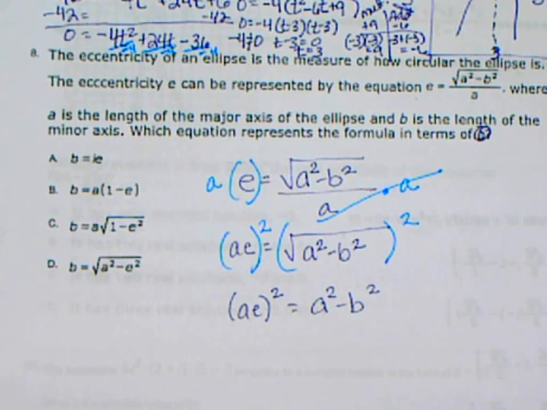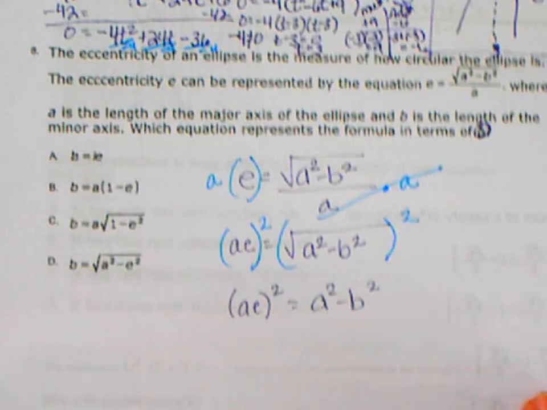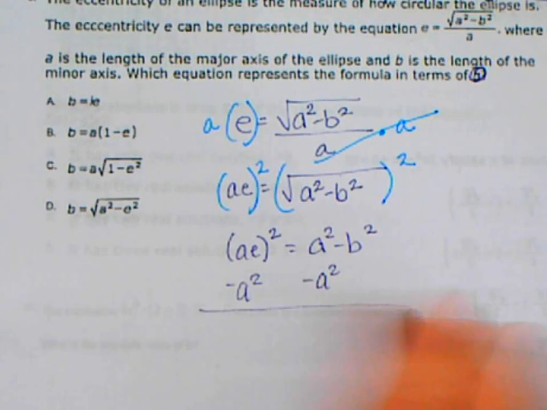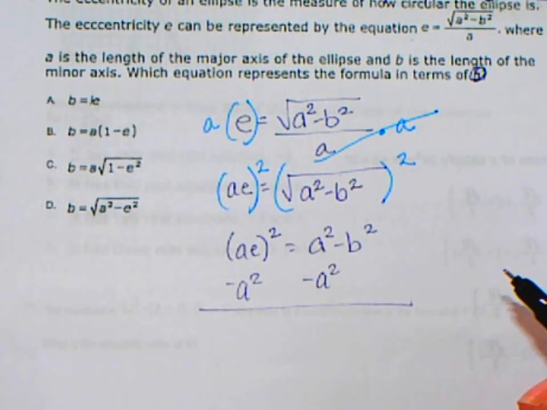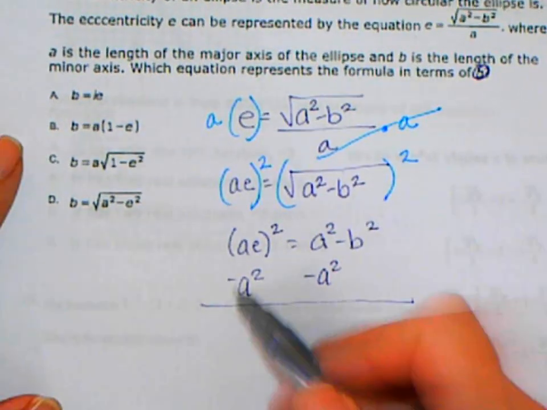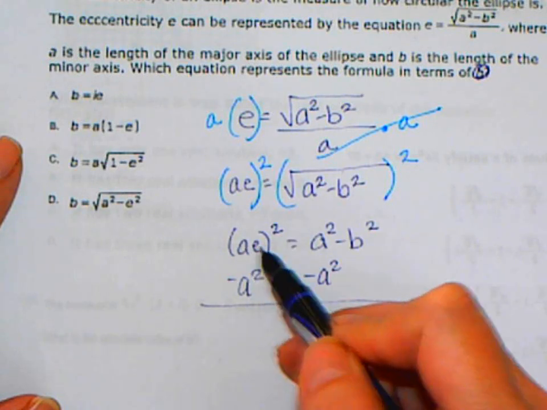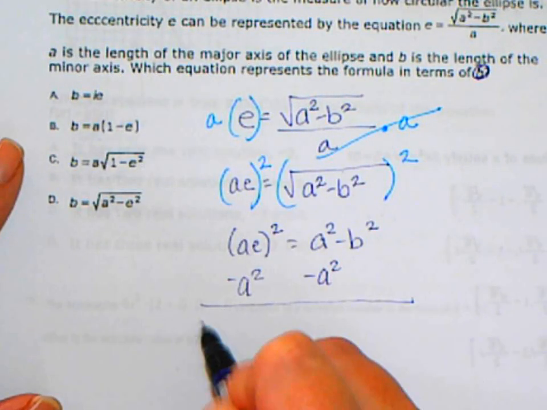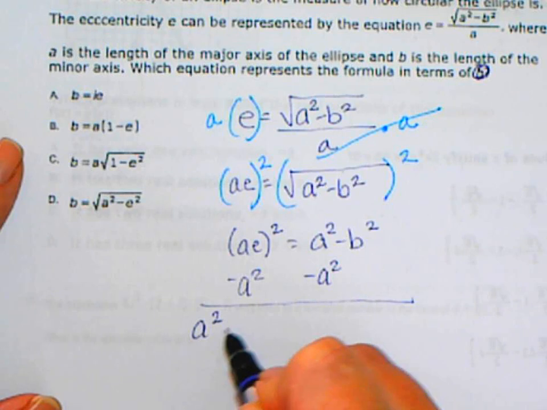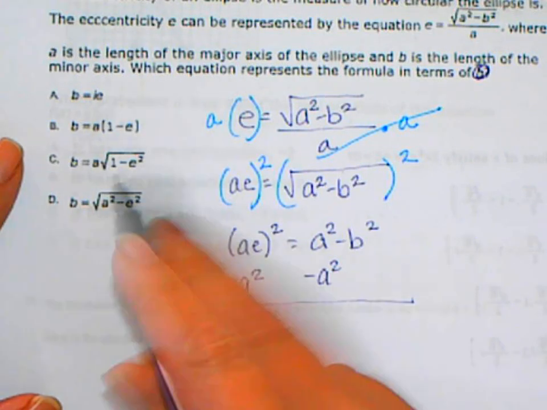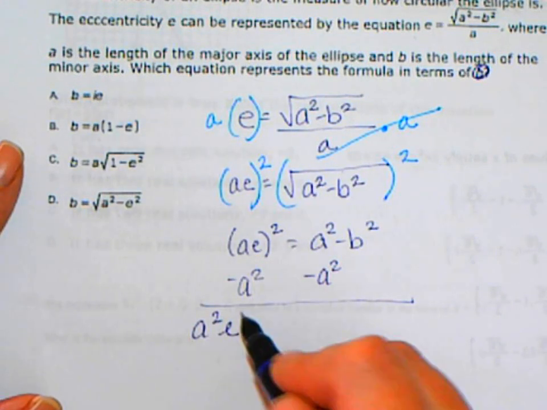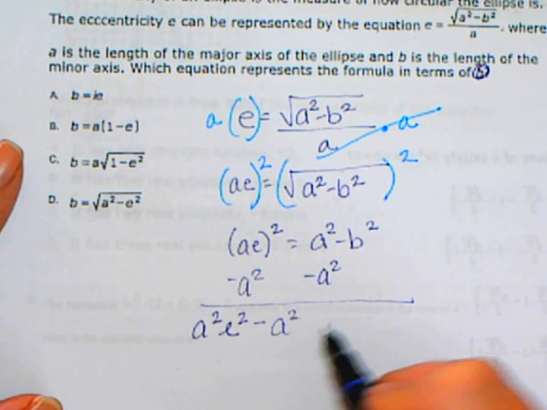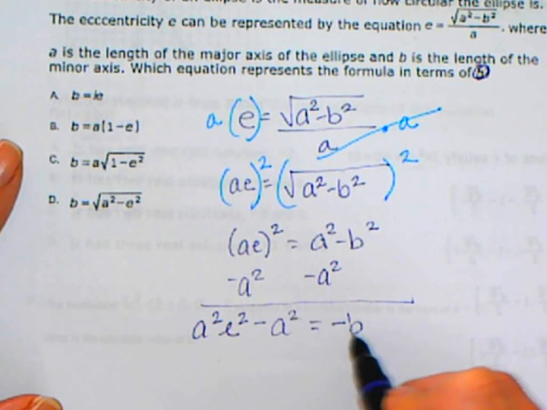So what can I do now? Subtract a squared from both sides. And I'm going to write it as a squared e squared instead of AE quantity squared, because when I started looking at my answers, they didn't match. So a squared e squared minus a squared equals negative b squared.